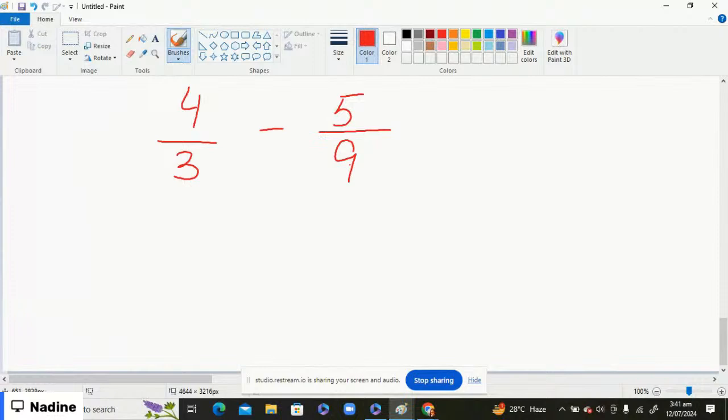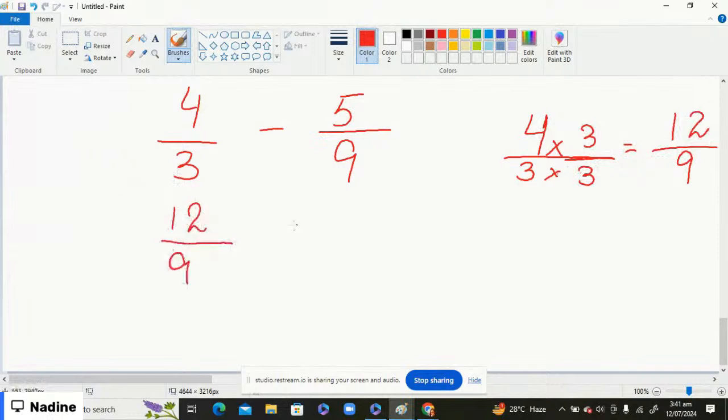When we see that, we check that 4 by 3 is the smaller denominator, so multiply and divide with which number? Multiplying and dividing with 3 on the numerator as well as in the denominator. So 3 times 3 is 9. Now 4 times 3 is 12. So in place of 4 by 3, that is 12 over 9 minus 5 over 9.